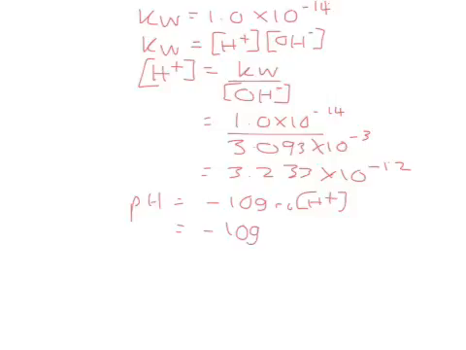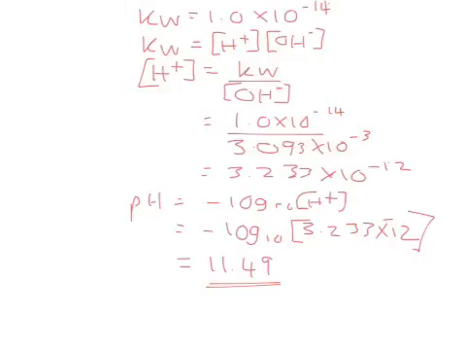So if we pop that into our calculators using the hydrogen ion concentration as 3.233 times 10 to the minus 12, that comes out as 11.49. And this is an expected value because the hydroxide ion was in excess, and this is obviously a value that you'd expect for a strong alkali.